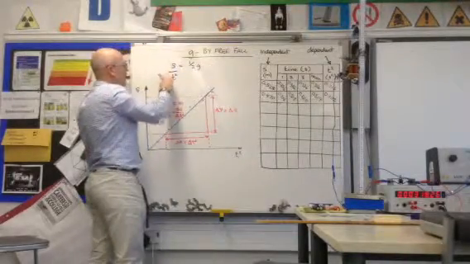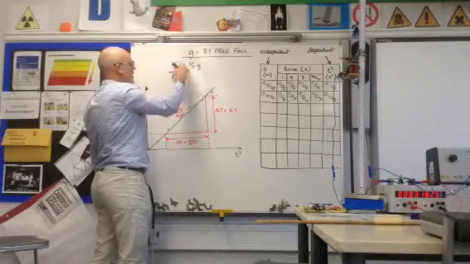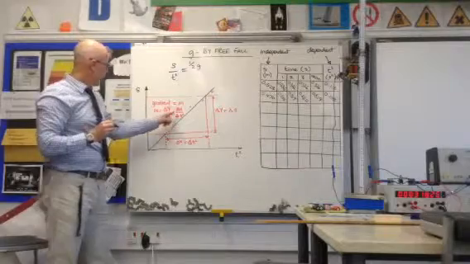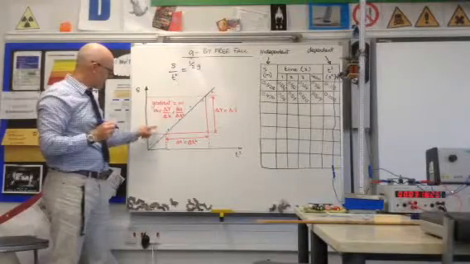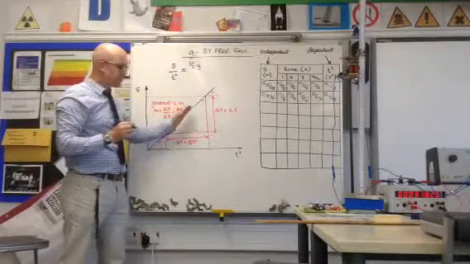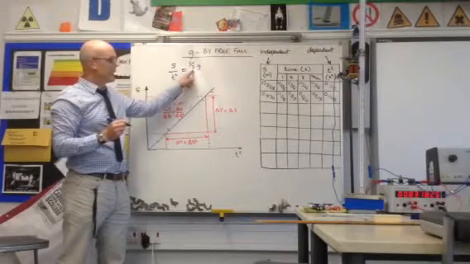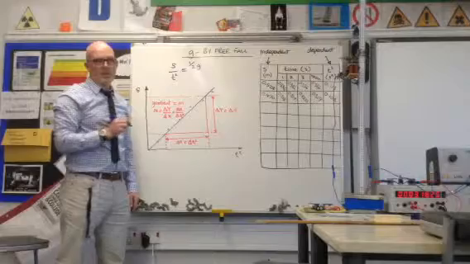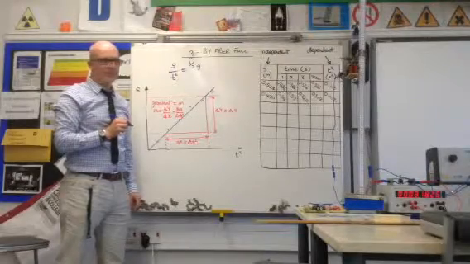We've now got that S over t squared equals a half g. And there's S over t squared is the gradient. So the gradient of our graph gives us a value for half g, which we just need to double, and we have a value for g.